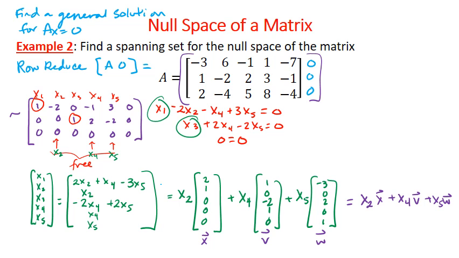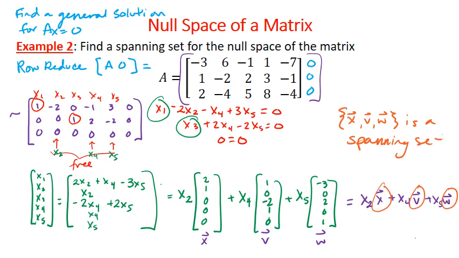What this tells us is that every linear combination of x, v, and w is an element of null of A, and vice versa. So x, v, w is a spanning set for null of A. And that answers that question.